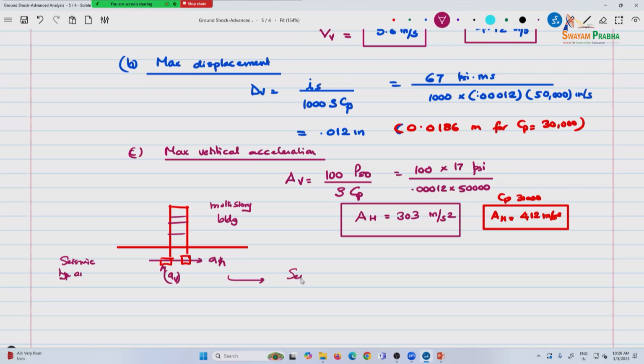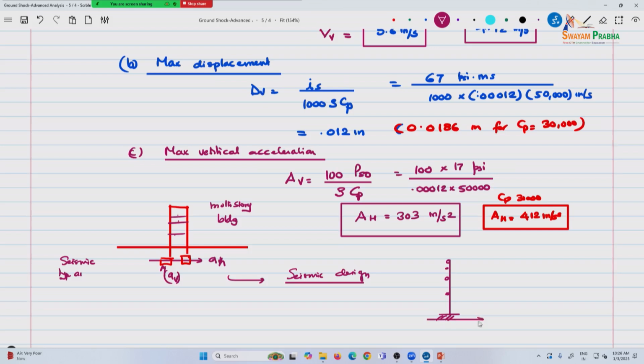So in seismic design, even if you don't have your time histories, the structure is going to behave as though it's a multi-degree of freedom system. Say this is 3 stories, 1, 2, 3, 4. So let's say this is 4 stories.